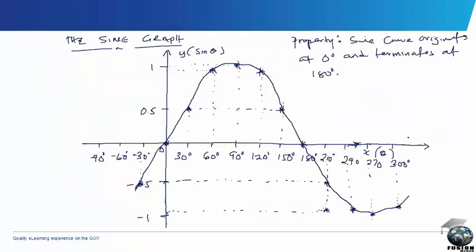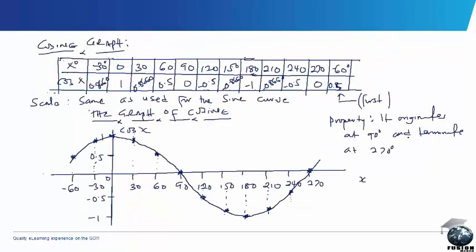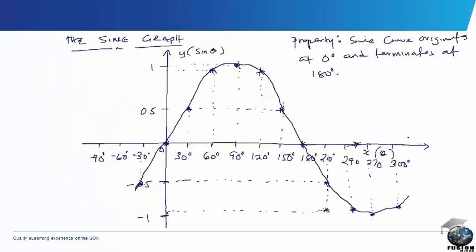So looking at the sine curve and the cosine curve, they look like wave lines. I think we have an illustration of what we are talking about. We can now talk about the curve of the tangent, the tangent graph. The tangent graph is plotted in the same way the two graphs have been plotted.